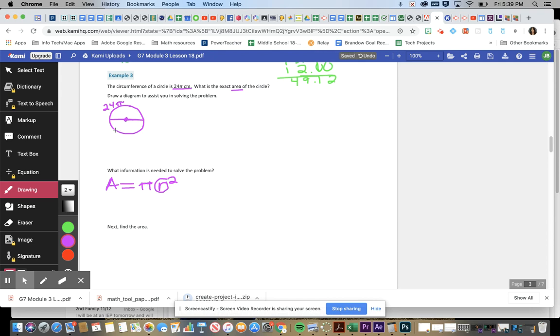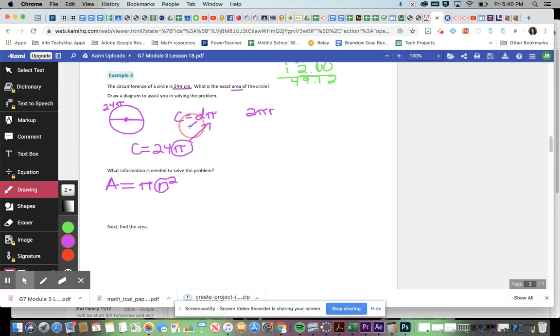If I know that the circumference is 24 pi, and our formulas for circumference are diameter times pi or 2 pi r. Well, I see this pi symbol already right there.